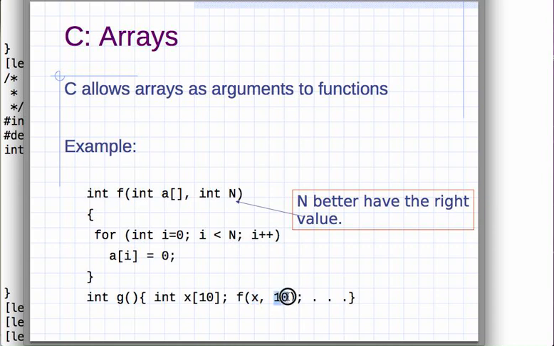So that's why we pass in a value 10 for this int n, and then it's up to the programmer of this function to make sure that this n is interpreted as the size of this array. There's nothing in the language that tells you the size of this array is given by the next parameter. This is just a programming convention that you, the programmer, who writes the g function or the f function, have to keep track of.